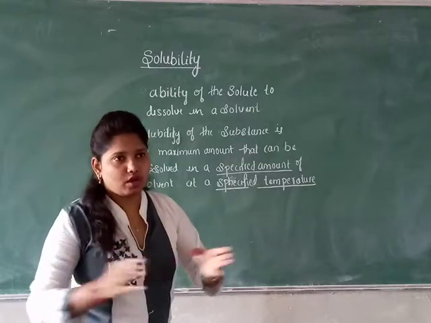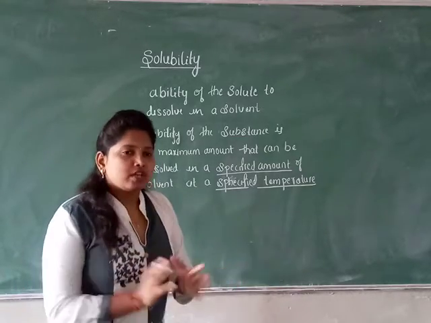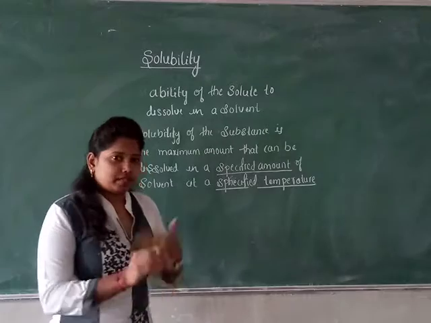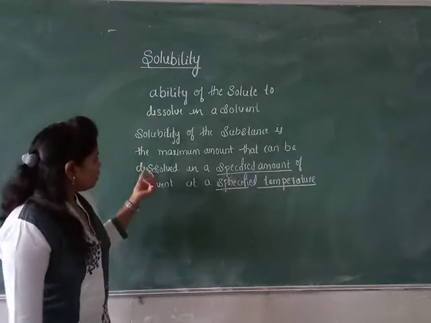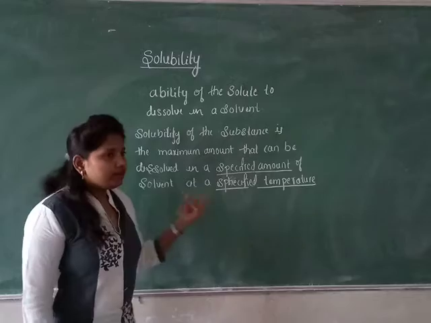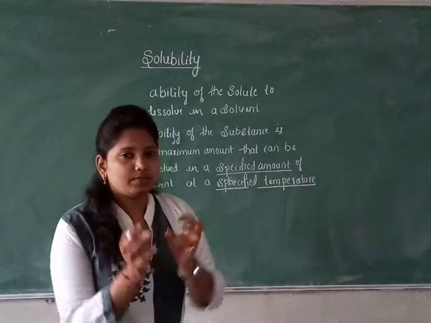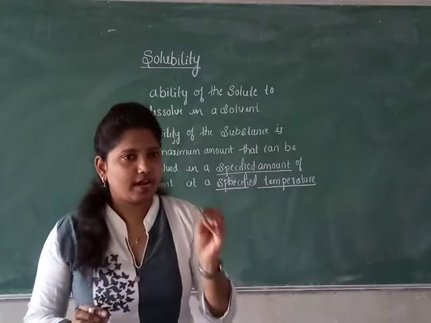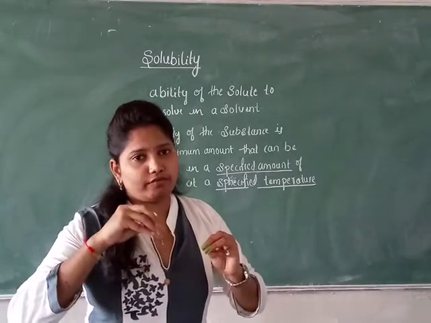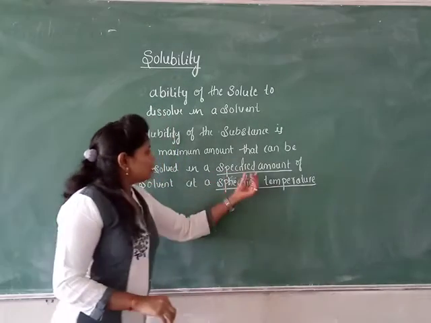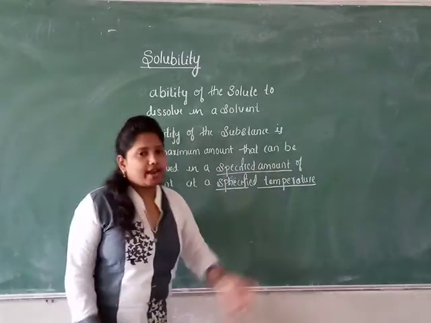So the volume is increasing, therefore the capacity of the solubility also increases. Therefore we say the specified amount of the solvent, because only a specified amount of the solute can be dissolved in a specified amount of the solvent at a specified temperature.